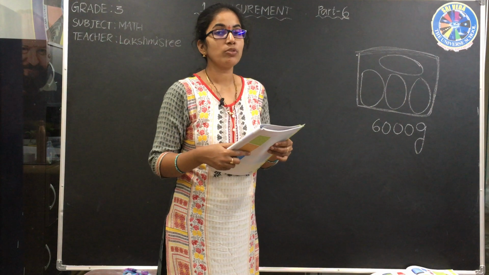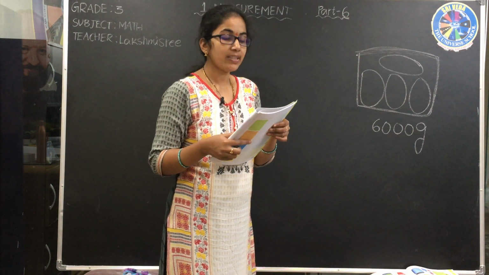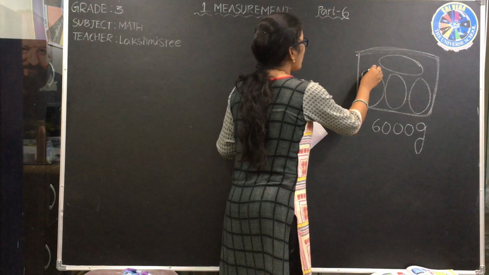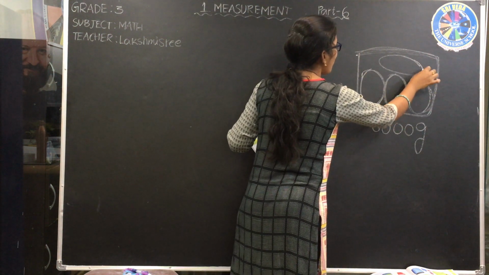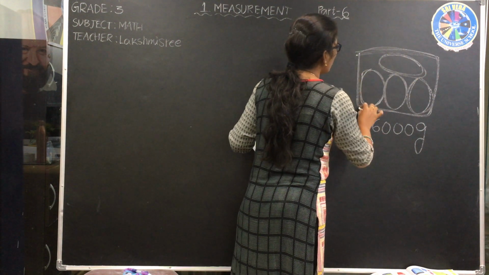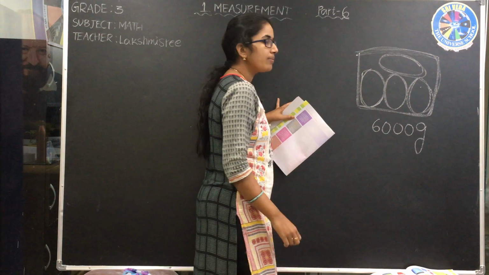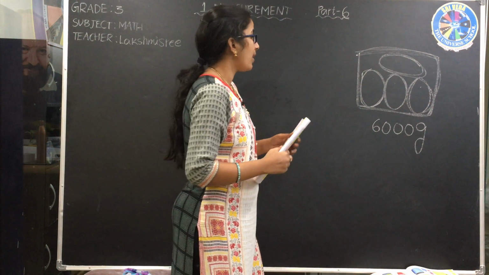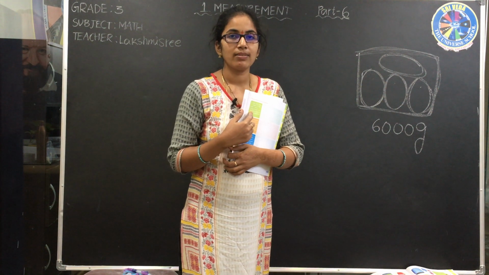Now, what we have to find out in this question? Find out the weight of each watermelon. We don't know each watermelon's weight, but we know the weight of 4 watermelons. Then, how can we find out each watermelon's weight?